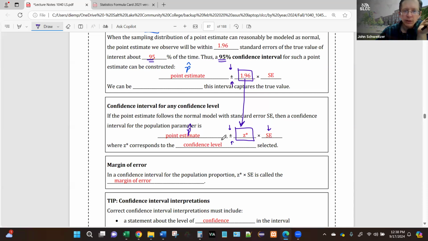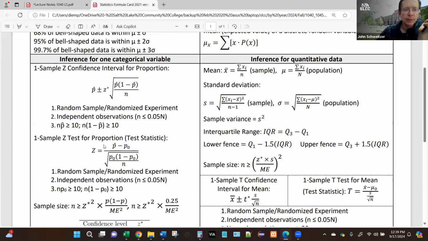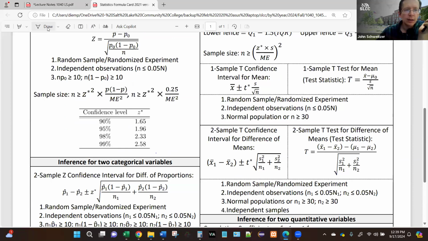So the dial is called Z star, and the other name for it is the critical z-score. Now, some of these levels are quite common, so we've got a table of these values for the critical z-score. If you want to be 95% confident, you go out 2 standard deviations.